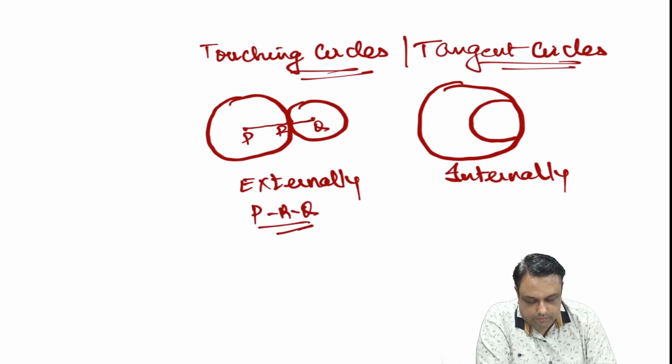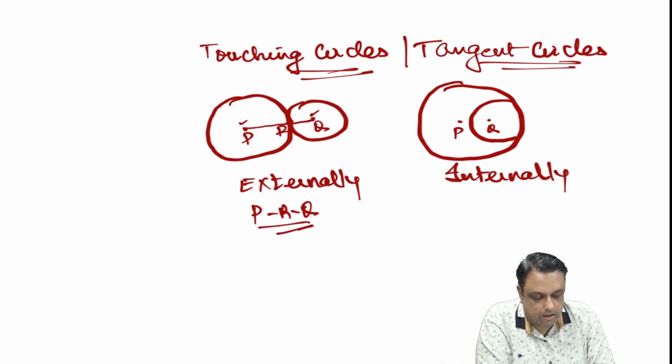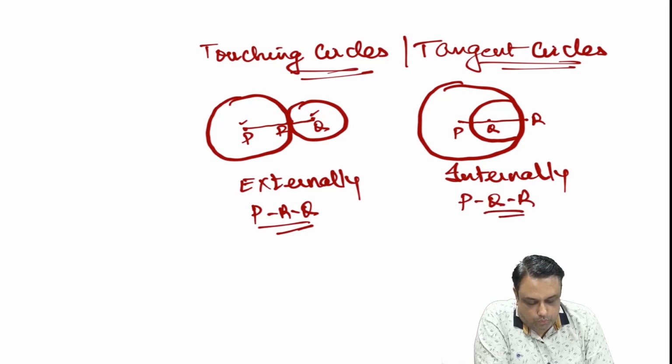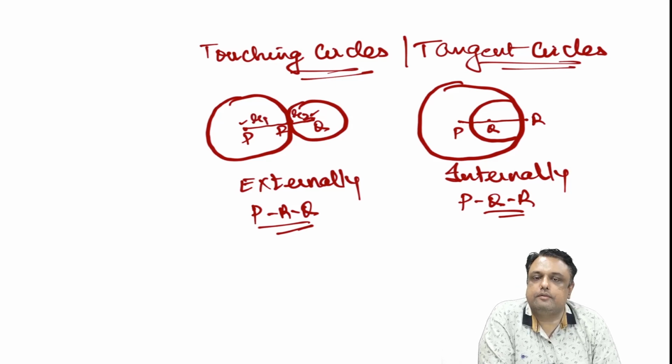So P is the center of this circle, Q is the center of this circle, R is the point of contact, P-R-Q. And here P is the center of the bigger circle, Q is the center of the smaller circle, R is the point of contact, P-Q-R. Now suppose radius of the bigger circle is R1, radius of the smaller circle is R2.